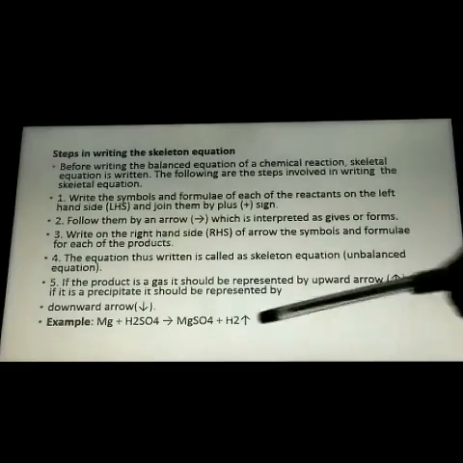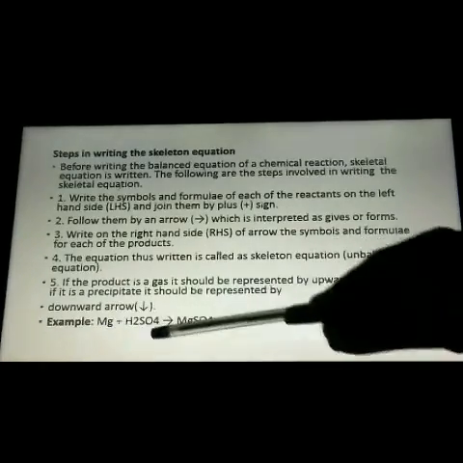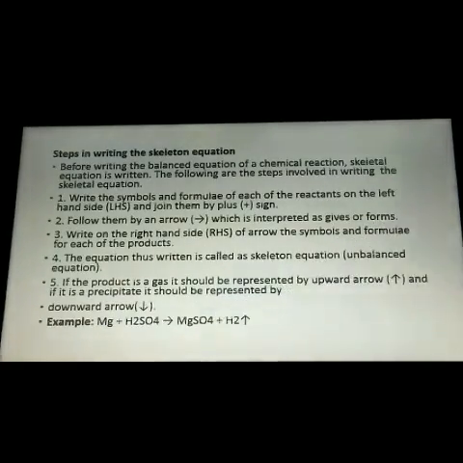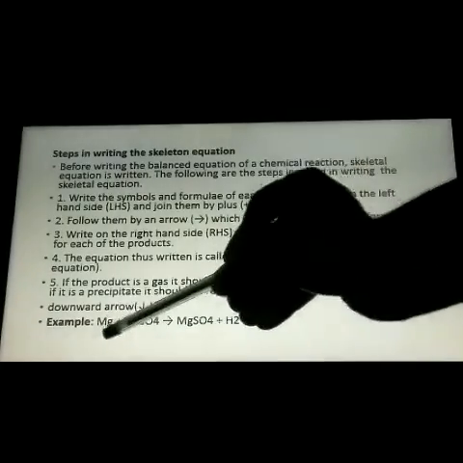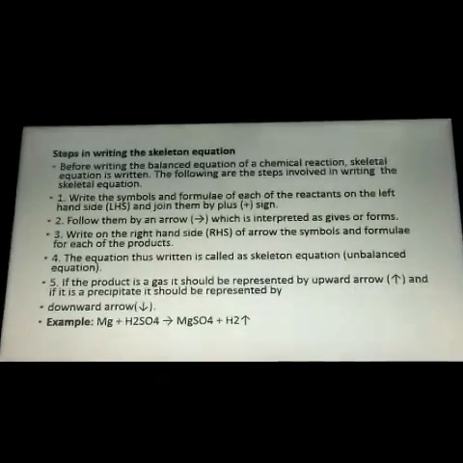For example, here you write the symbol and chemical formula for those elements, and combine them using a plus sign followed by an arrow mark which means gives. And then you need to write the right hand side formulae and symbols of the corresponding products. The equation thus written is said to be the skeletal equation, which is an unbalanced equation.